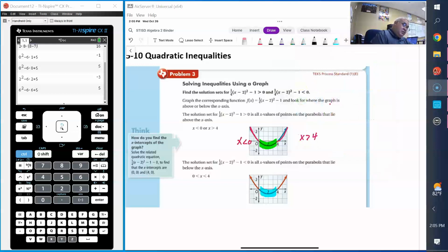So where does it occur? x is greater than 0 and x is less than 4. And so that's how you can use a graph to also come up with the answer for the quadratic inequality.